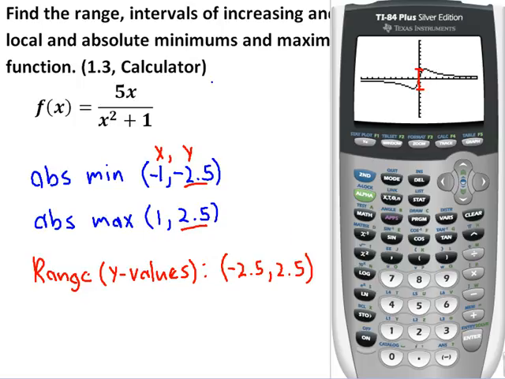Okay, last thing we want to talk about was the intervals of increasing and decreasing. So we'll say increasing. And then also we're going to look at decreasing. And these are going to be made up of x values.